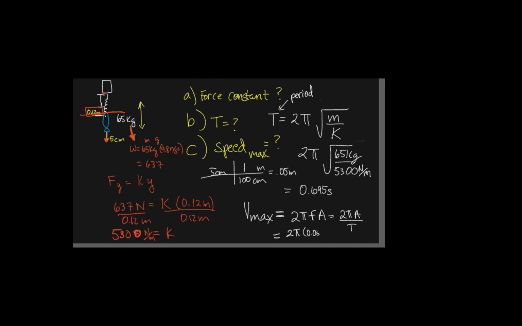2 pi times 0.05 meters divided by the 0.0695. When you do that, you should get 0.45 meters per second.